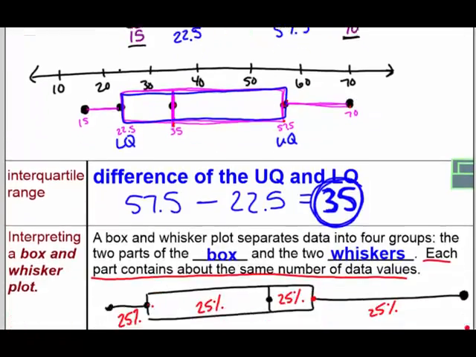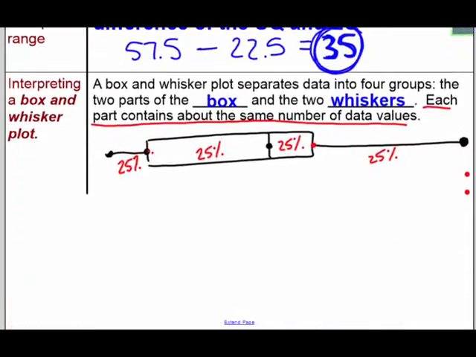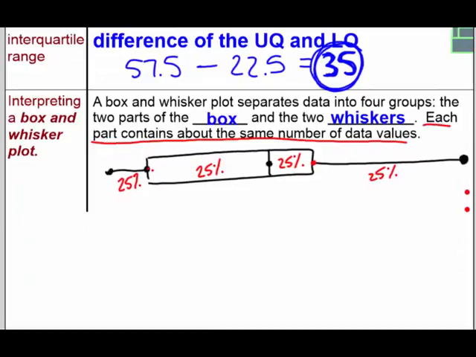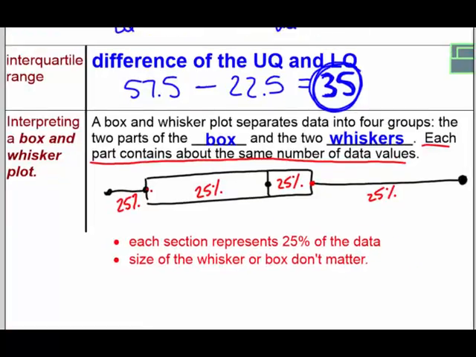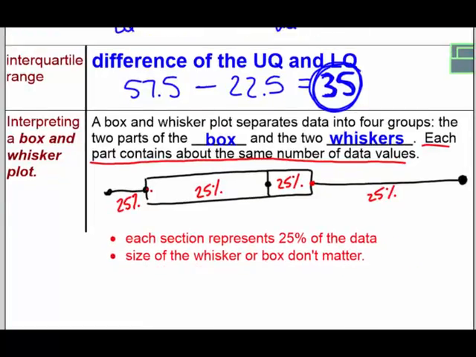So it's not about the size of the box and whisker plot. You have to know that each part is a quarter of the values of the data set. Know that each section represents 25% of the data, and the size of the whisker or the box doesn't matter.